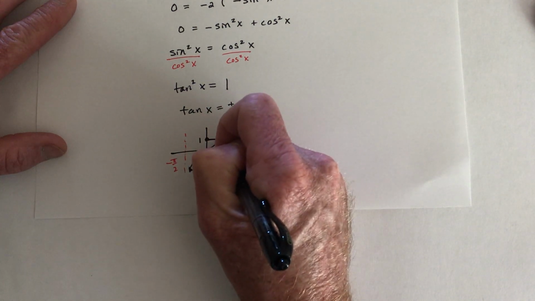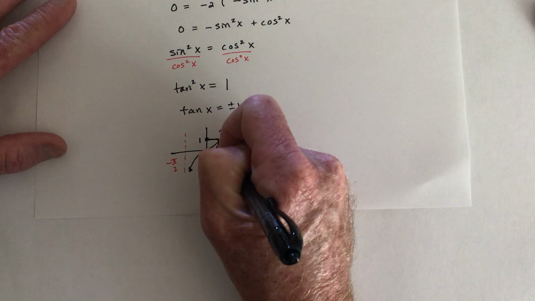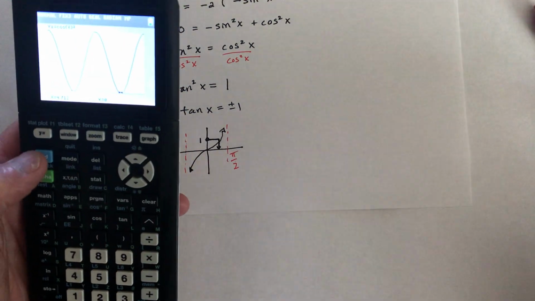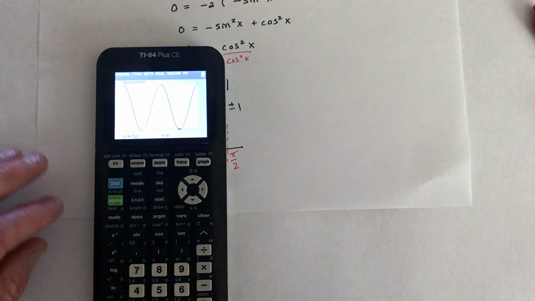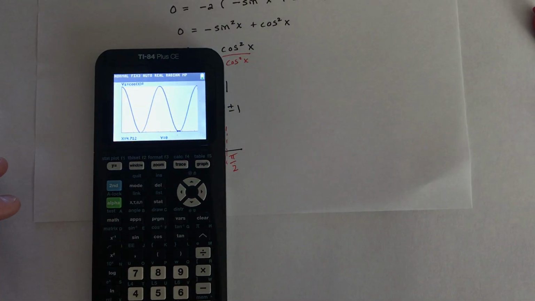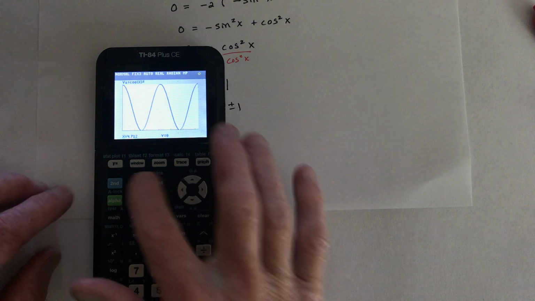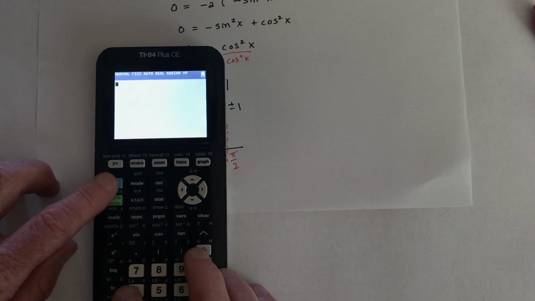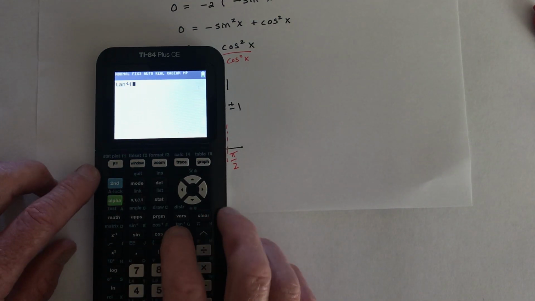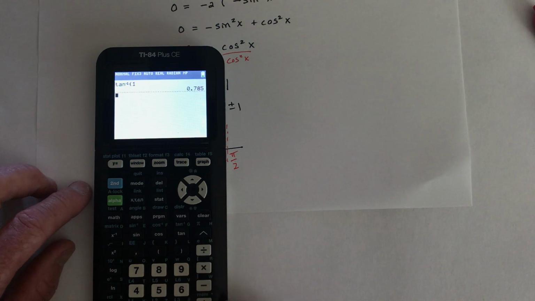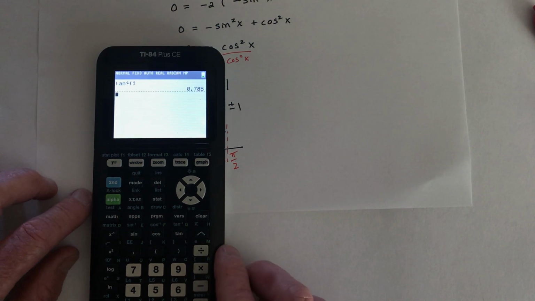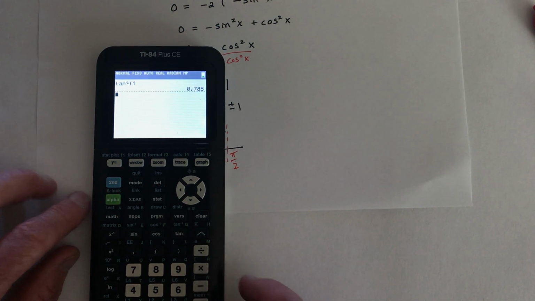So if you use tangent inverse of a 1, it says 0.785. That's actually pi over 4.